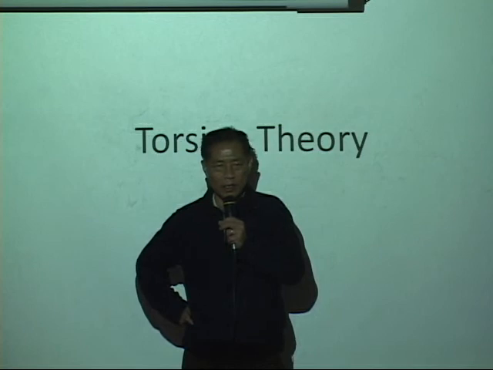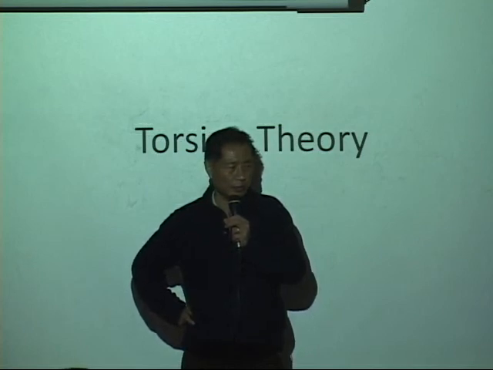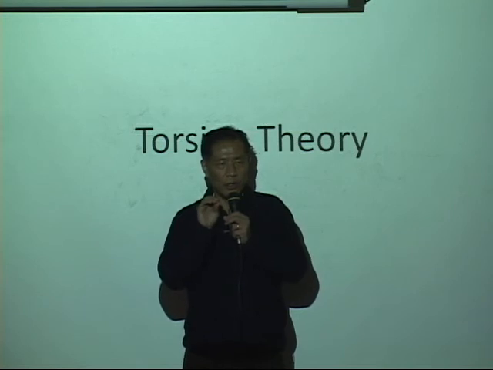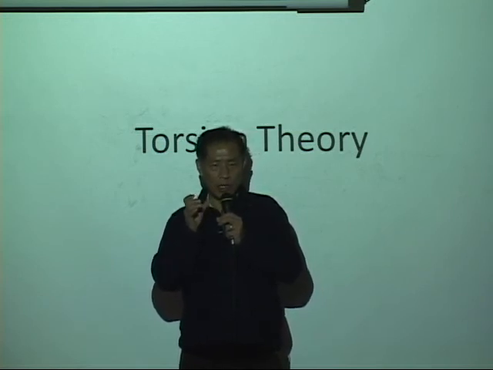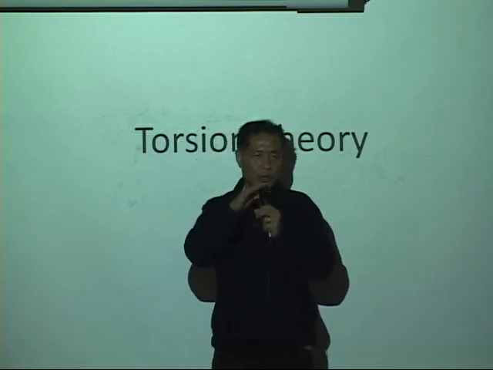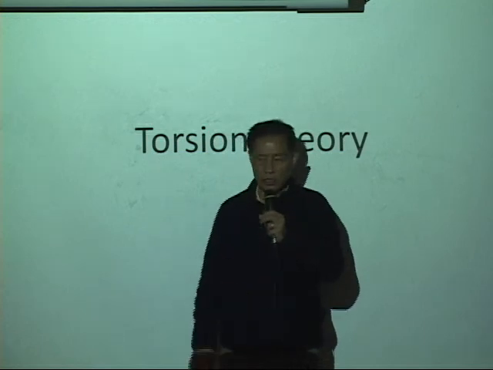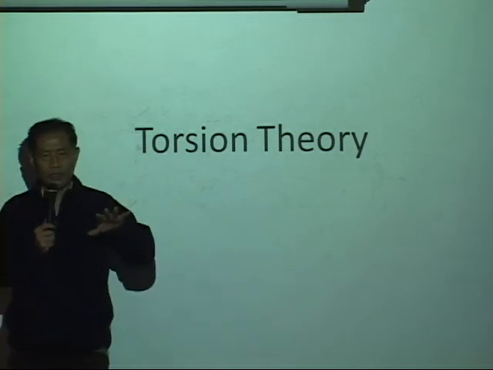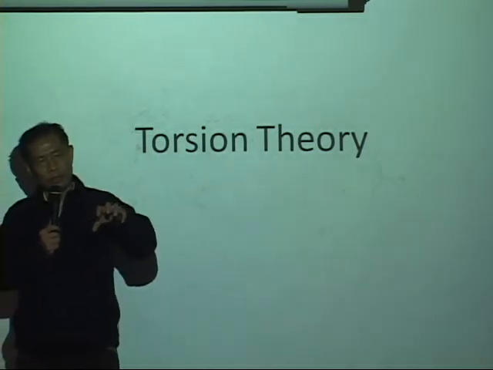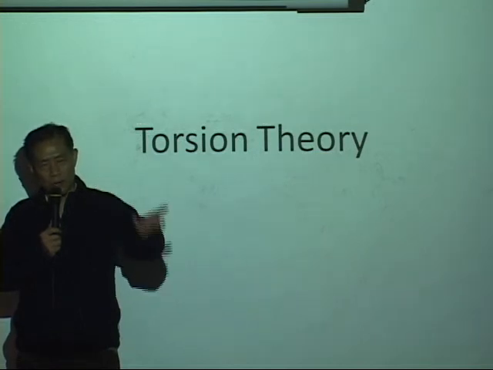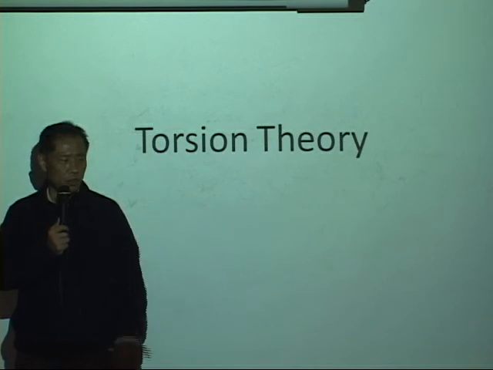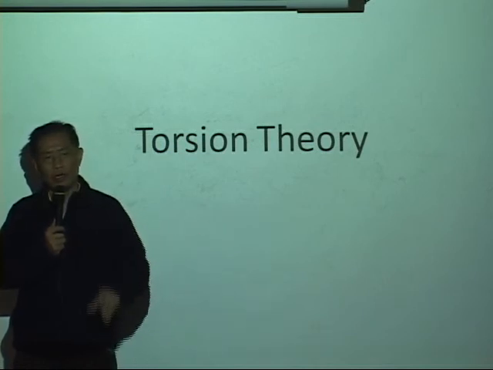And we will mostly focus on a circular shaft, okay? A shaft with a circular cross-section. Other shafts with a different general shape will require a lot of theoretical derivations, so we will just avoid those complications.